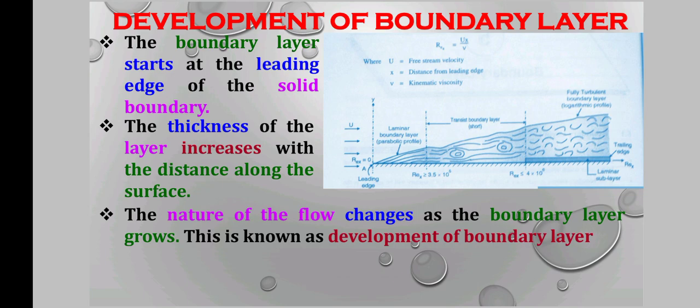From the graph, it has been shown that the Re value greatly increases between the laminar boundary layer and the transition boundary layer. So the Reynolds number formula is Re = Ux/v, where U is the free stream velocity, x is the distance from the leading edge and v is the kinematic viscosity.